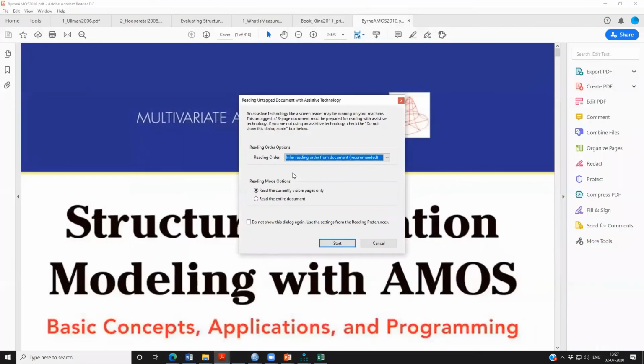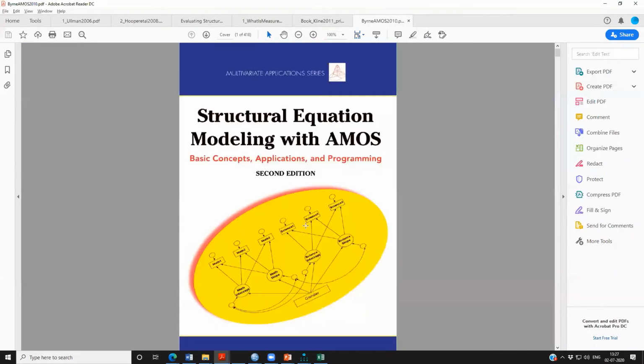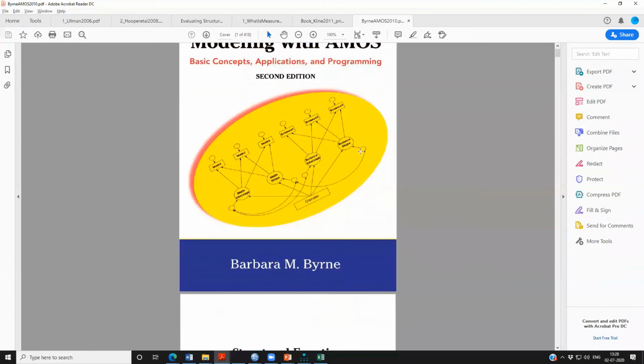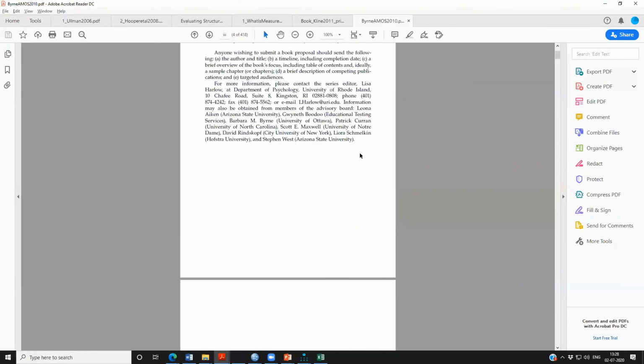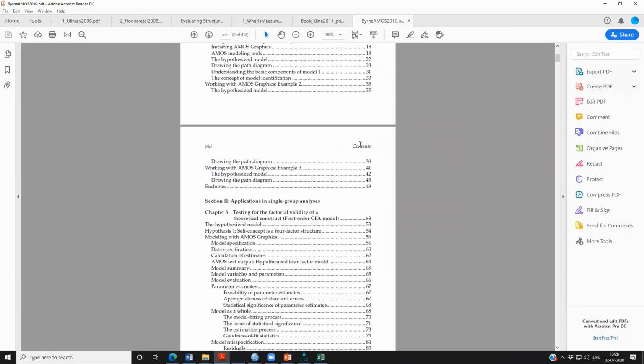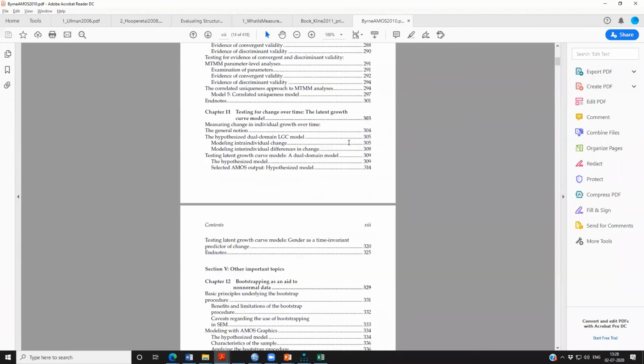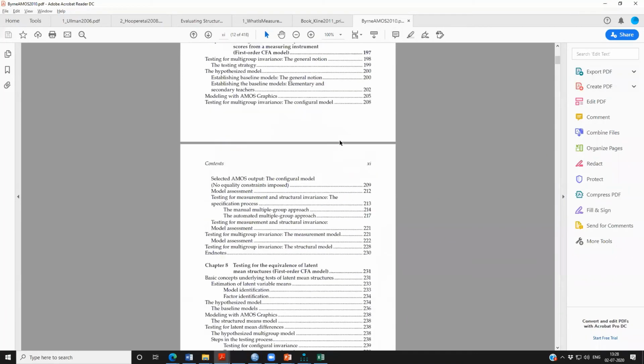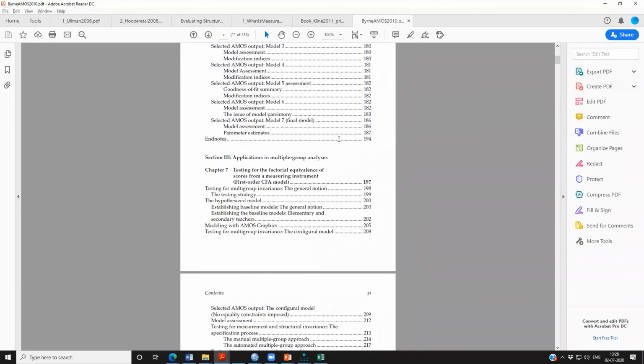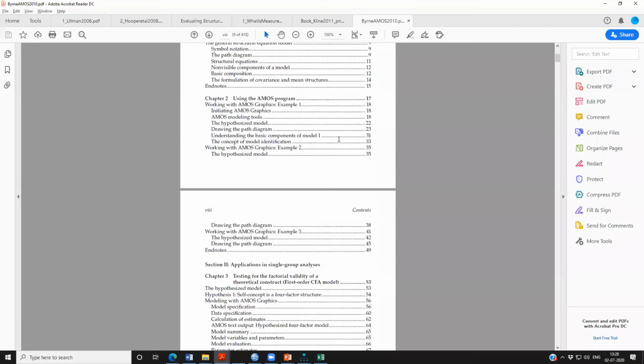And then this last book, again, I have given you a copy, a PDF version. This is Structural Equation Modeling Using AMOS. If you want to revise or refresh, this is a very nice book where Barbara Byrne takes you through chapter by chapter how to do SEM using AMOS. It is a focused book on doing SEM with AMOS.